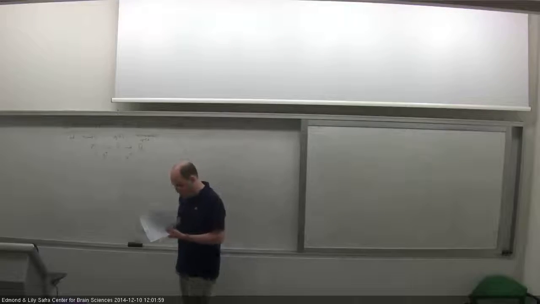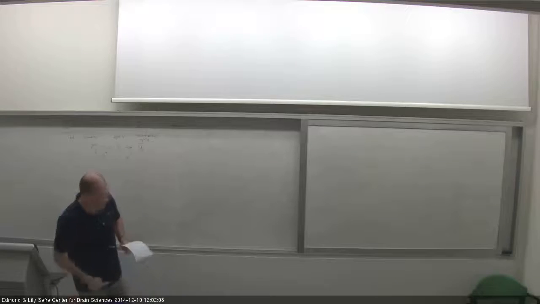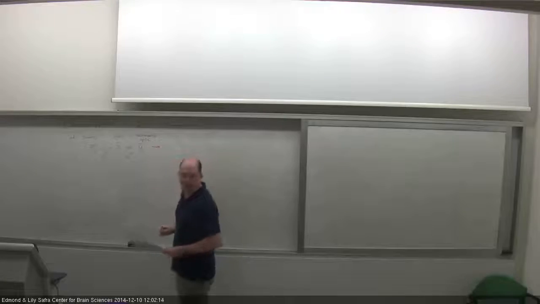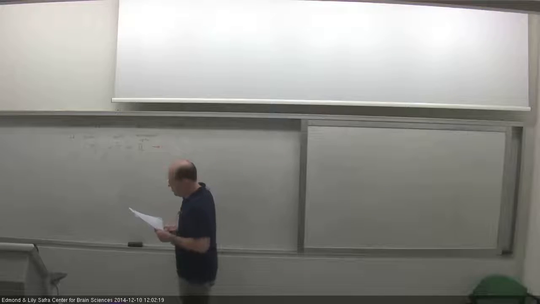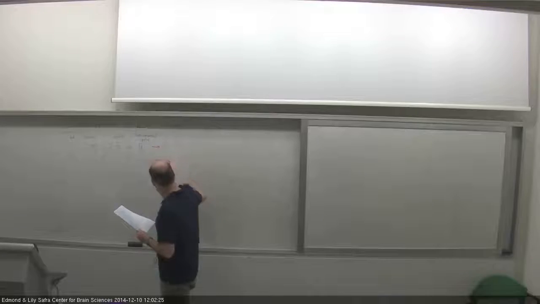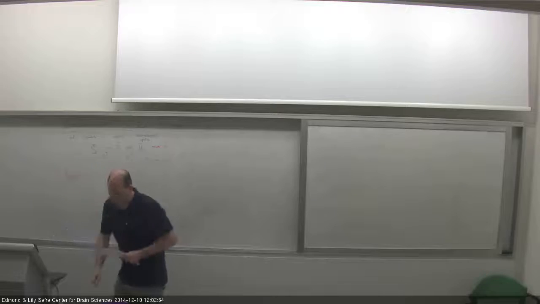The ICA approach, the Infomax approach, is that we suppose that these are non-linearly transformed into some outputs y, where yi is some function of ui, and the approach is to maximize the mutual information between y and x.